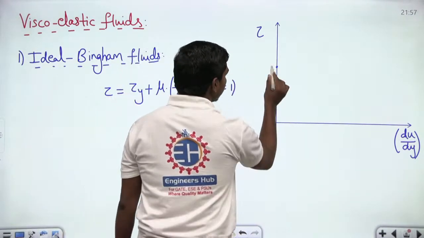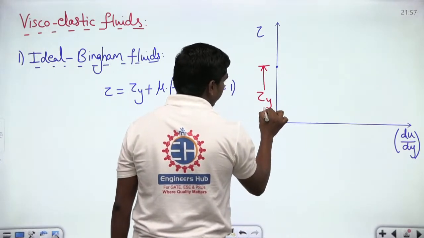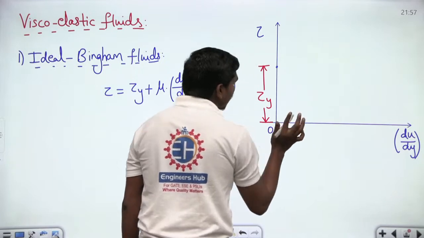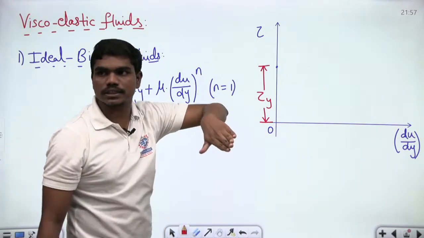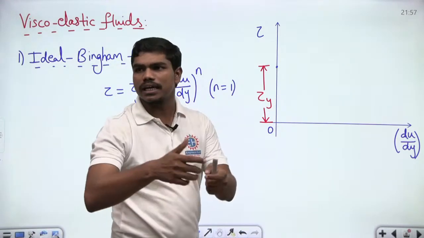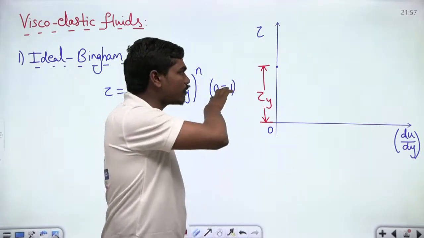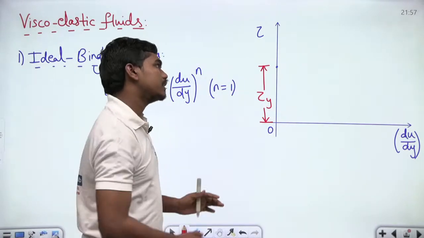They need some yield stress, tau y, to start their deformation. They don't deform until you apply a certain amount of stress, like your toothpaste, or jam packets, which are semi-solid and don't move initially as soon as you tilt the bottles, correct?